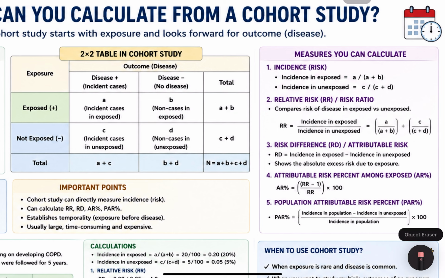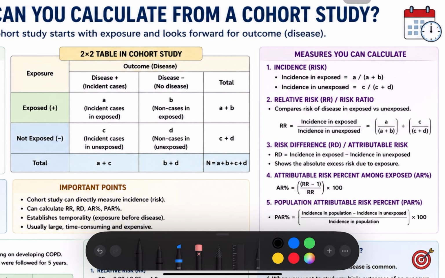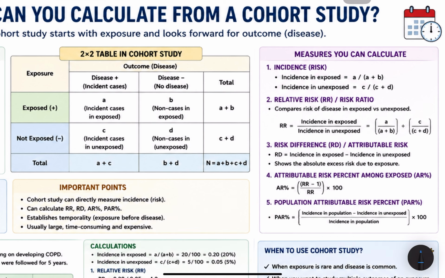Incidence in unexposed will be the number of unexposed with disease upon total number of unexposed, so C upon C plus D. This is the formula for incidence.